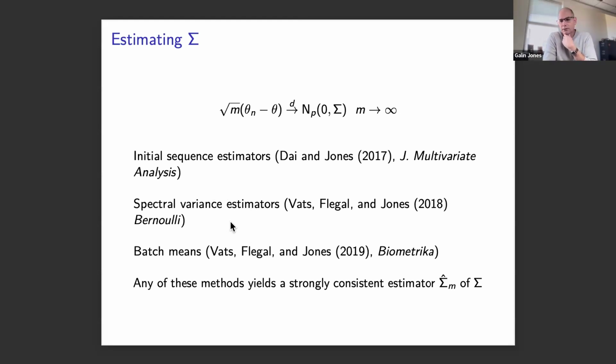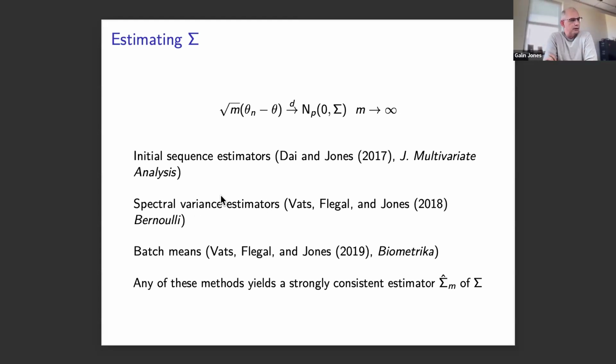Spectral variance estimators are extraordinarily popular in the context of time series applications. In classical time series applications, however, they're not typically thinking about Monte Carlo sample sizes of the same size as you get in MCMC.